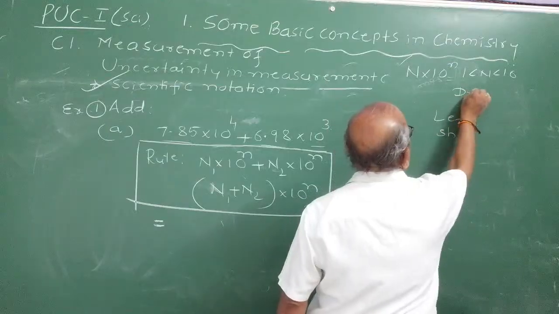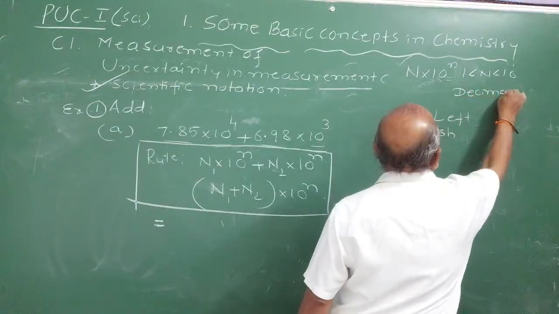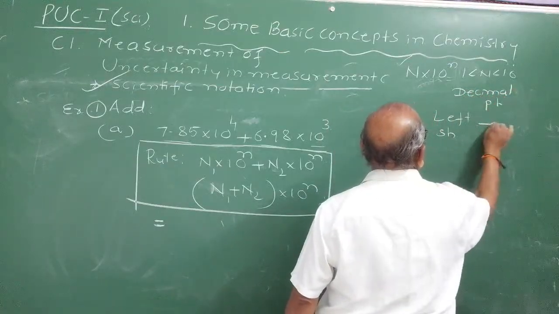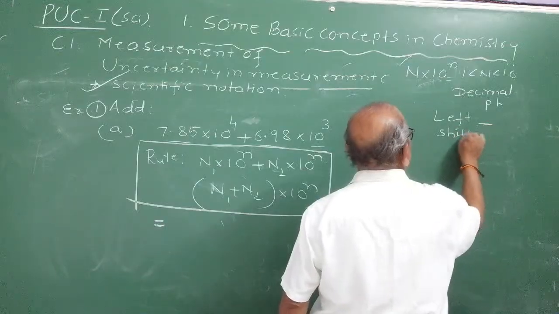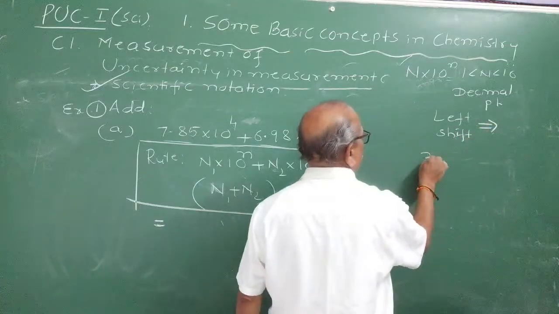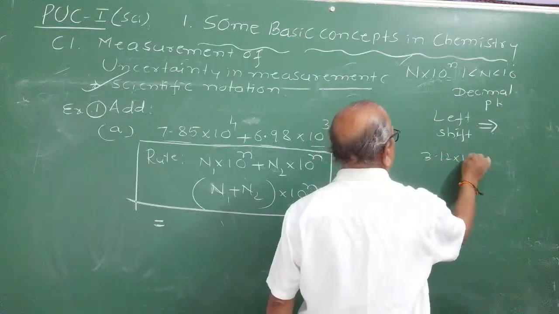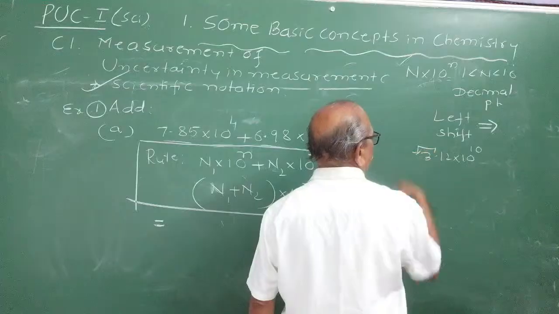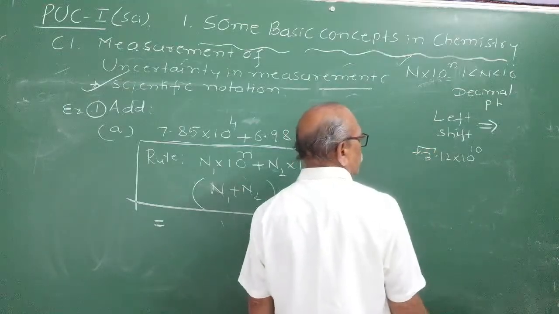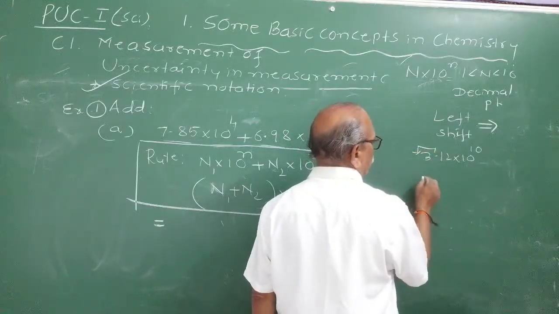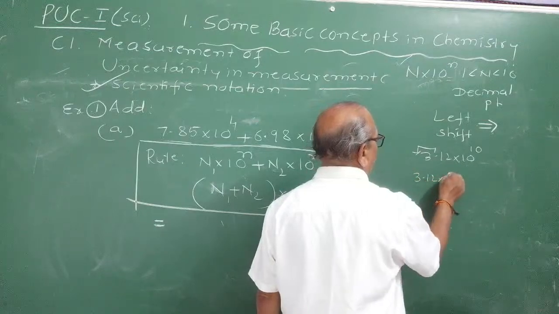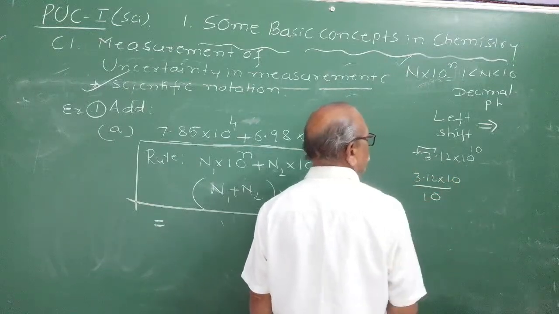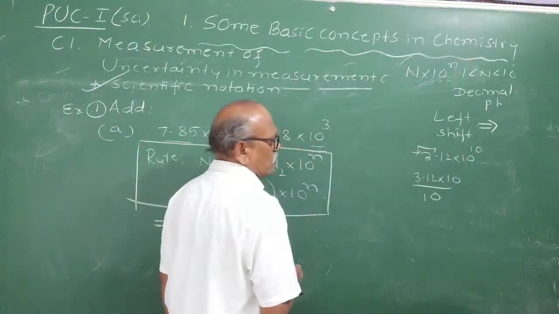Remember, decimal point, left shift. Look here. Suppose that you have 3.12 into 10 raised to 10. If you shift it to the left, what do you have to do? If you multiply by 10 and divide by 10, observe and understand the logic behind it.